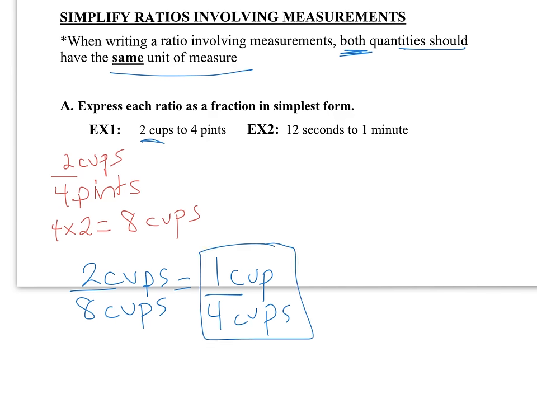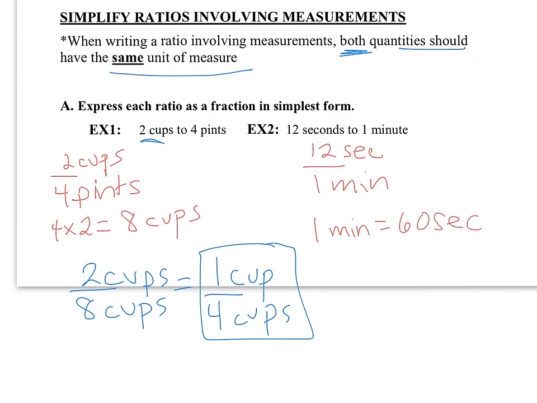Now for example 2, there are 12 seconds to 1 minute. So 12 seconds, 1 minute. But again, I'm not allowed to directly compare them. I need to convert the minute into seconds. So for every 1 minute, it is 60 seconds.